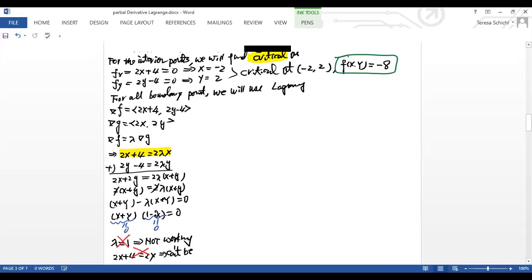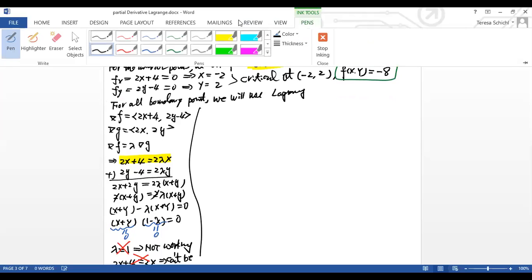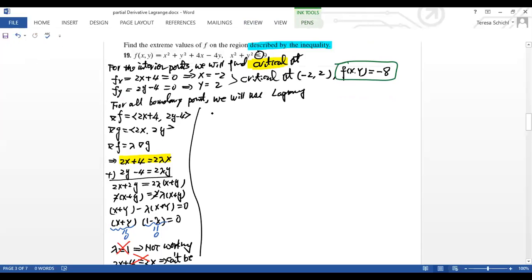Now let's put this back into my constraint. I know y equals negative x, so my constraint x squared plus y squared equals 9 becomes, with x equal to negative y, y squared plus y squared equals 9.